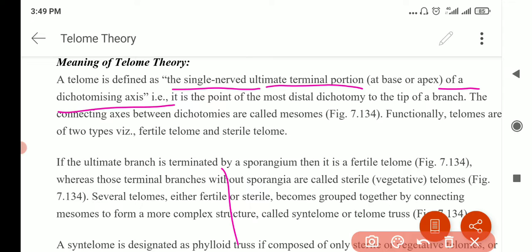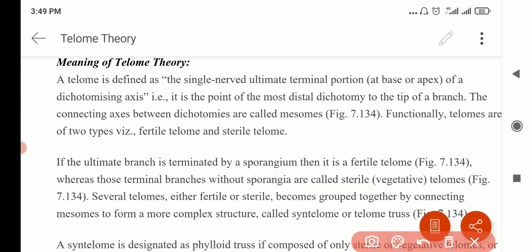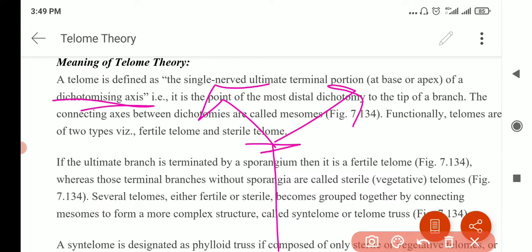So when I say something is V-shaped like this, it is dichotomous, means it goes in two directions, one to the left and one to the right, okay? Anything V-shaped is dichotomizing. When you see dichotomizing axis, this is the main axis, and from here, you get two directions, okay? So that's why the word dichotomizing axis, all right?